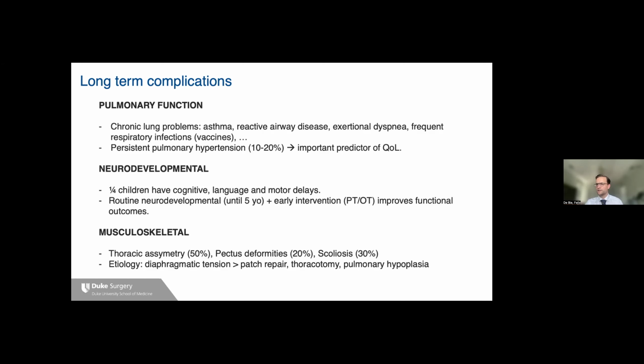Again, this is because of a combination of tension on the diaphragm, which can be due to the patch repair, but also the incision used if it's a true thoracotomy, and the inherent pulmonary hypoplasia also has a detrimental effect on chest wall anatomy.